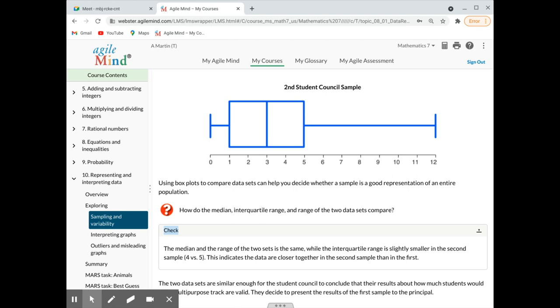This indicates the data are closer together in the second sample than the first. Perfect. So, even though they are a little different, the two data sets are similar enough for the student council to conclude that their results about how much students would use the multipurpose track are valid. So they decide to present the results from the first sample to their principal so that they can get that multipurpose track.